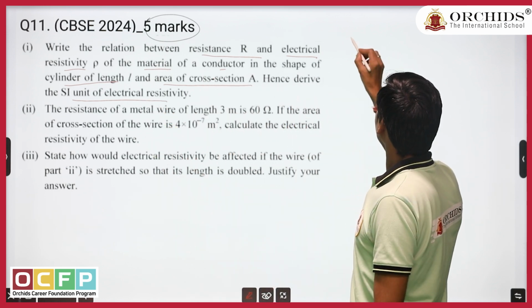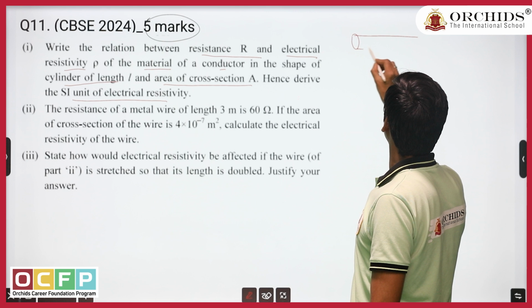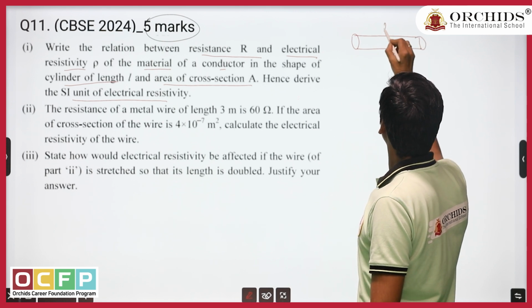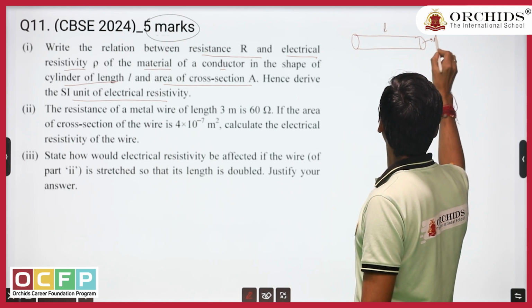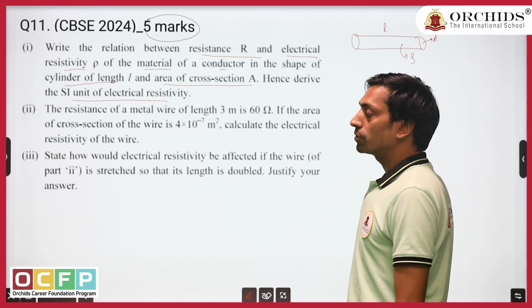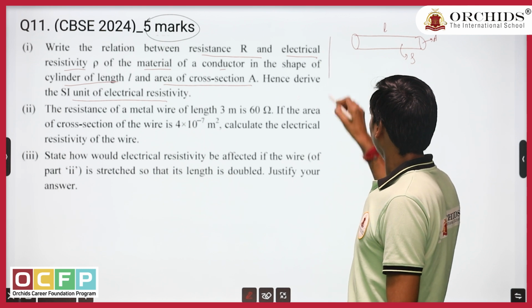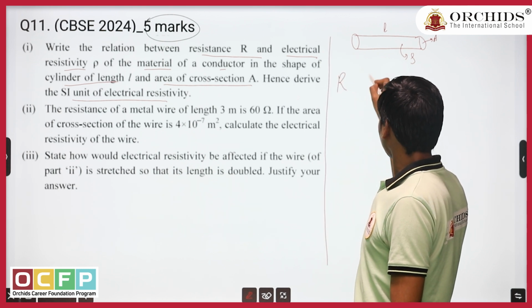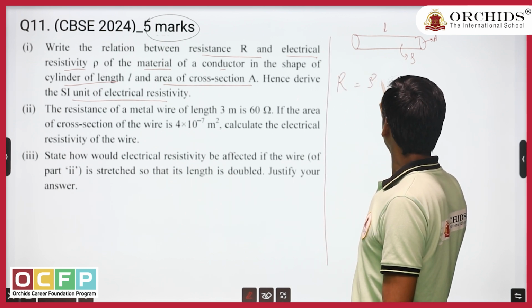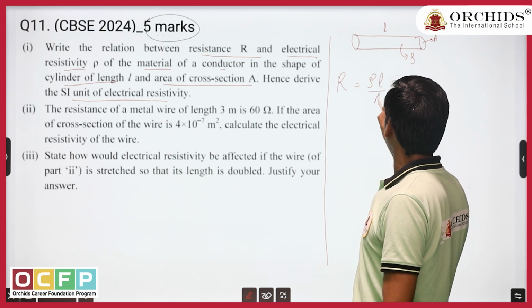Let's say the wire given is a cylindrical wire, its length is L, its cross section is A, and the resistivity of the material of the wire is rho. Now we have to find the relation, and we know that resistance is directly proportional to the resistivity and the length of the conductor, and inversely to the area of the conductor.